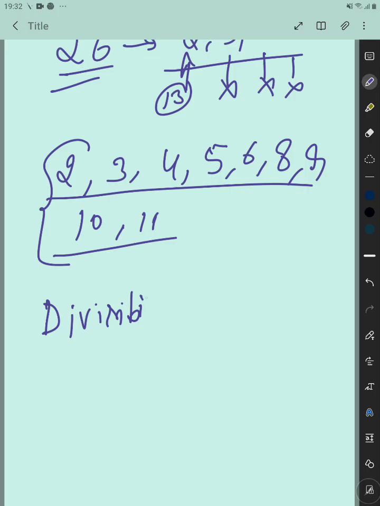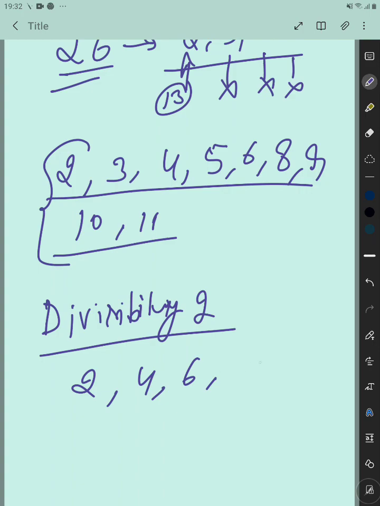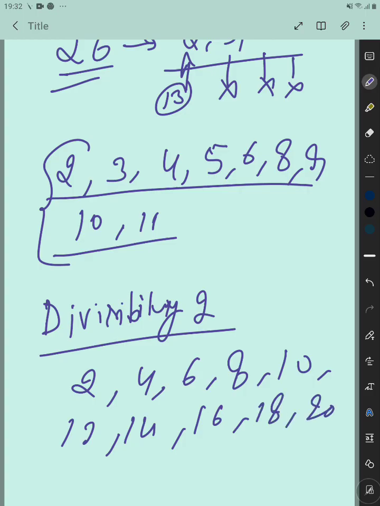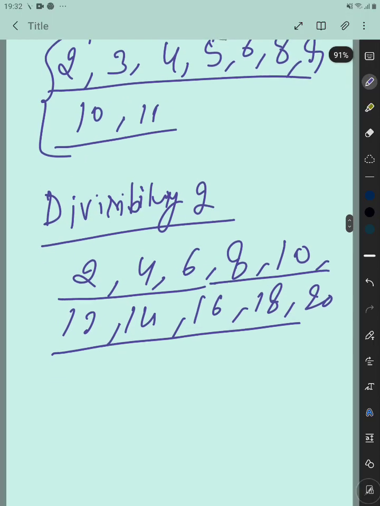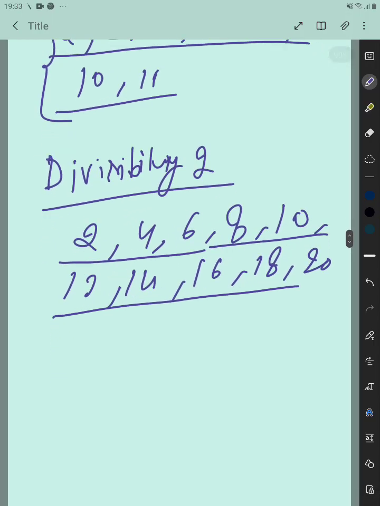Divisibility by 2. What we can see is that if any number is divisible by 2, it has to be a multiple of 2. For example 2, 4, 6, 8, 10, 12, 14, 16, 18, and 20 are multiples of 2. We need to find what the pattern in these numbers is, which can tell us whether a number is divisible by 2 or not.